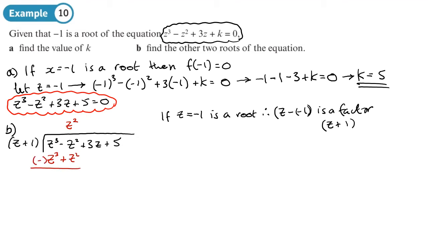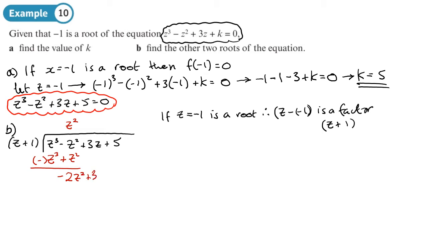So we now subtract. z cubed minus z cubed is nothing. Negative z squared minus positive z squared is negative 2z squared.